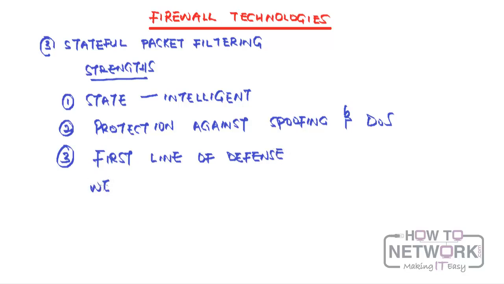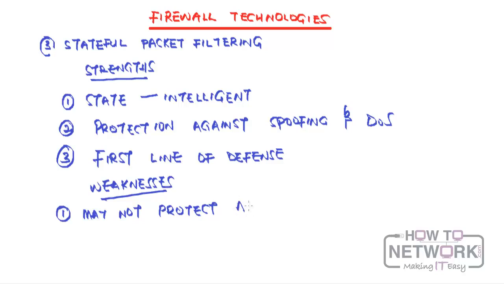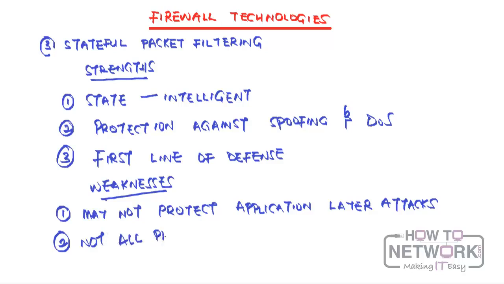Now we can talk about the weaknesses, and one of the weaknesses is inherent in the packet filtering. The fact that it operates in layer 3 and layer 4. That means it may not be able to protect against application layer attacks. So that's because it does not go all the way to layer 7. Another weakness is that not all protocols are stateful.